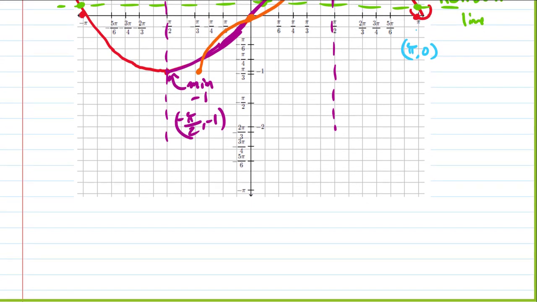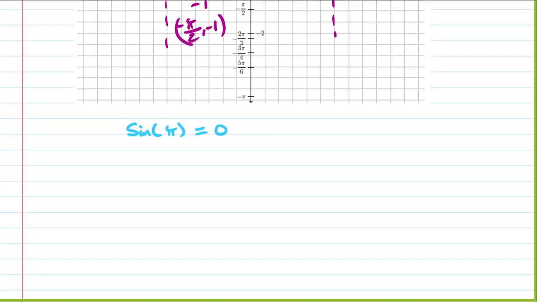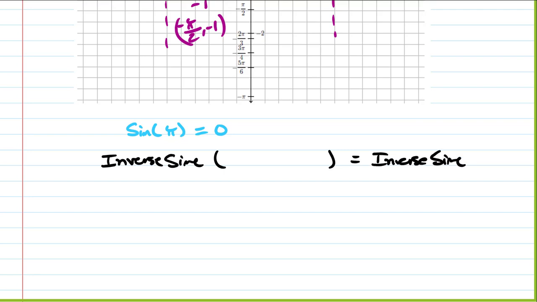So we know that the sine of pi is equal to 0. And if I did the inverse sine on both sides of that equation, we're going to have the inverse sine of the sine of pi, and on this side we have 0.